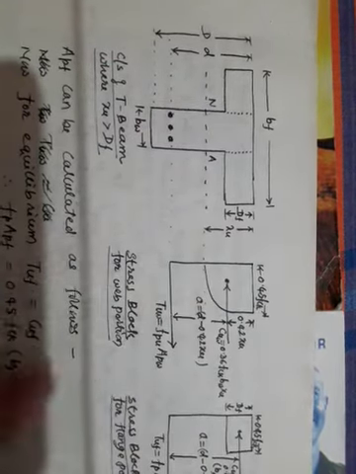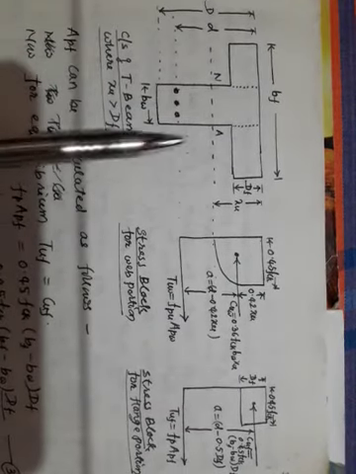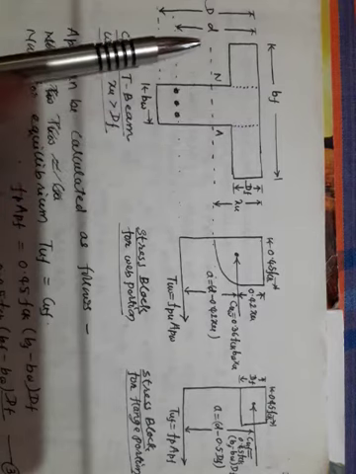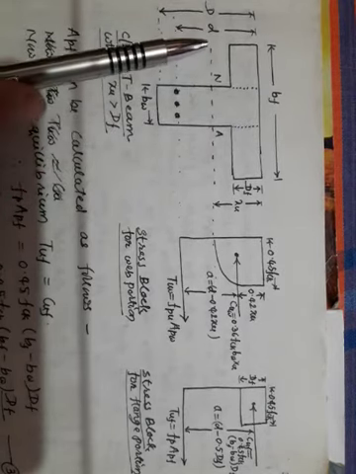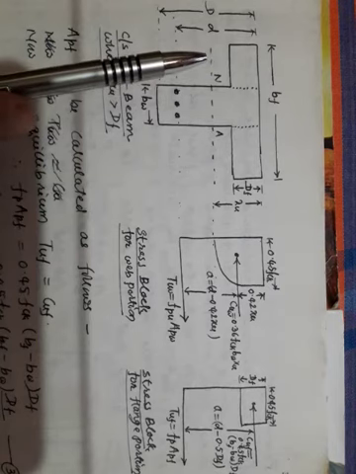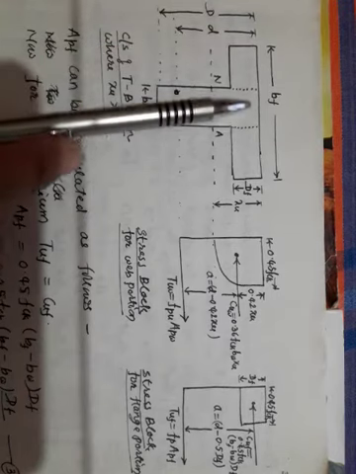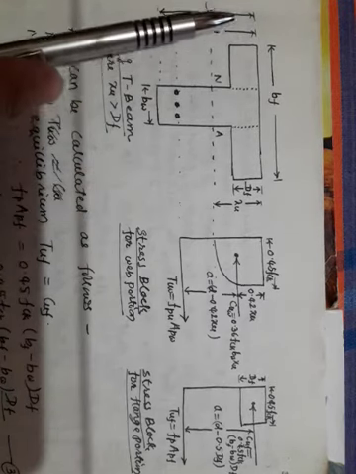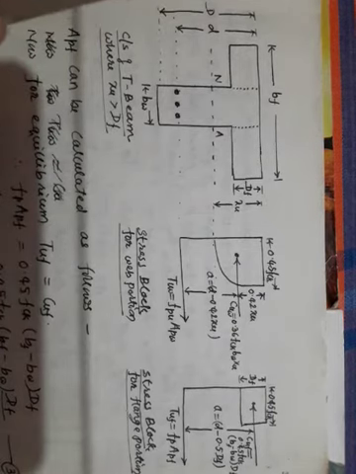Now here you have two cases. If the neutral axis lies in the flange, you can use the same equation as we used last time for the rectangular section.